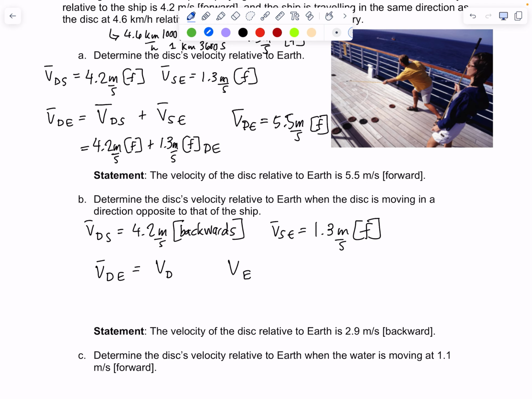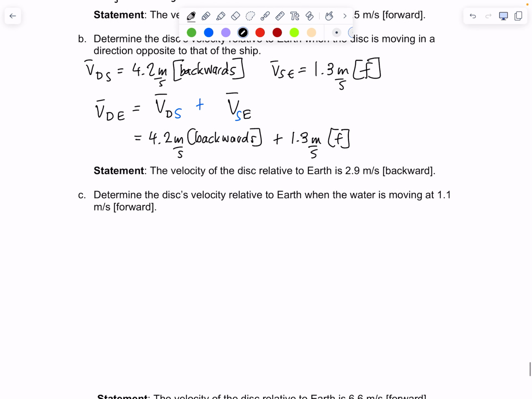And that works if I do the velocity of the disk relative to the ship plus the velocity of the ship relative to the Earth. 4.2 meters per second backwards plus 1.3 meters per second forward. These are collinear, but they are not in the same direction.